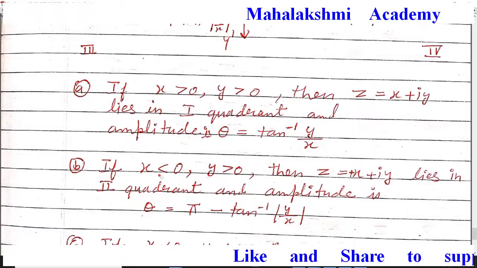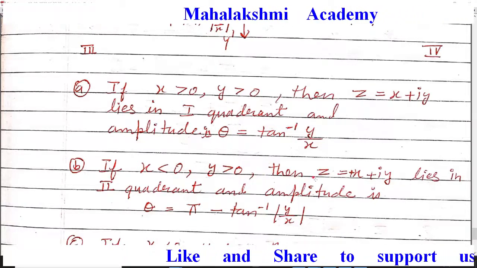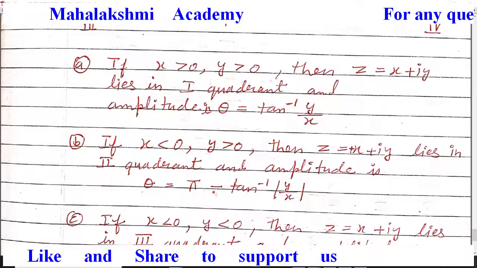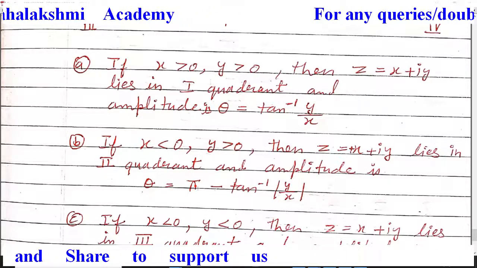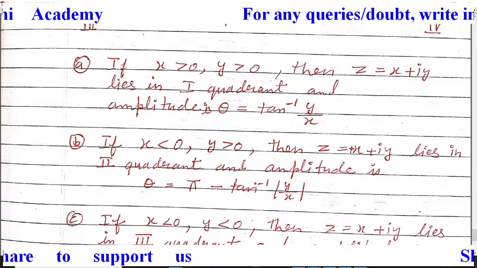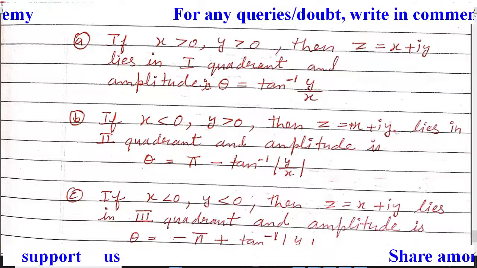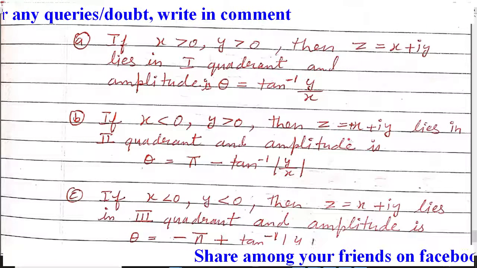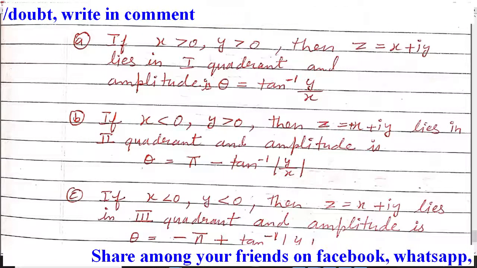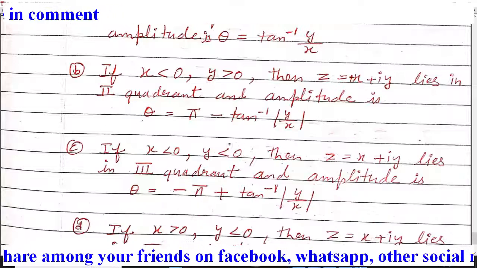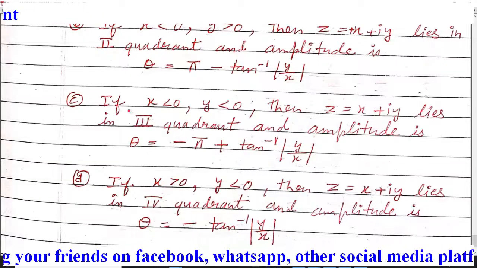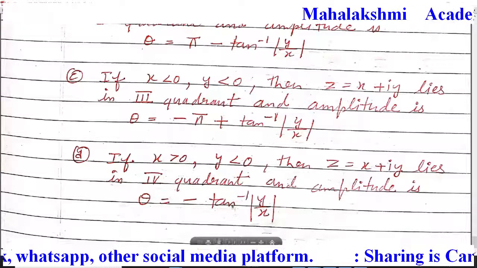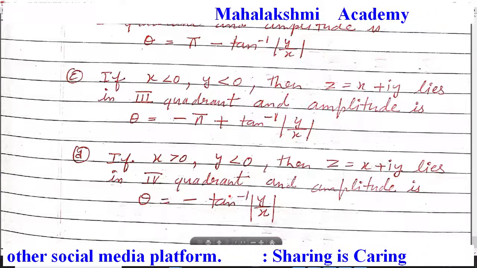When x is less than 0 and y is greater than 0, it lies in the second quadrant, and the formula is pi minus tan inverse y upon x. Here I took the general complex number and did not change the sign, but according to this, the sign will automatically change in the question. In the same way, points C and D are for the third quadrant and the fourth quadrant respectively.